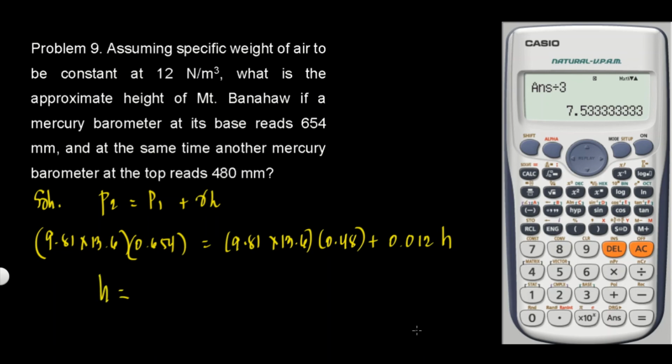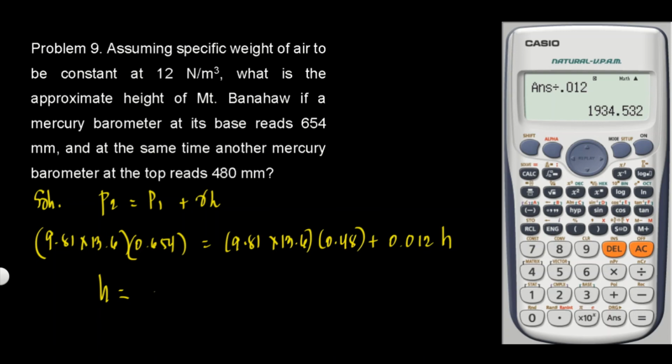So height is equal to, let's calculate, 9.81 times 13.6 multiplied by, moving the term to the other side, 0.654 minus 0.48, divided by 0.012.